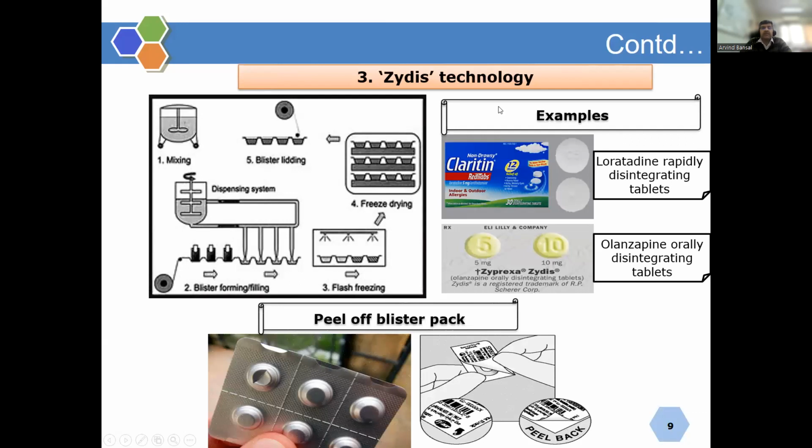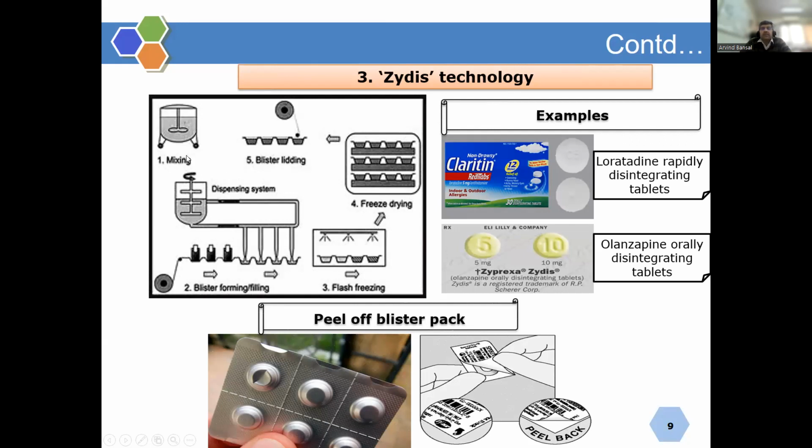Another special application of lyophilization is in the case of Zydis technology, which is used for the manufacturing of mouth dissolving tablets that very rapidly disintegrate in the mouth.